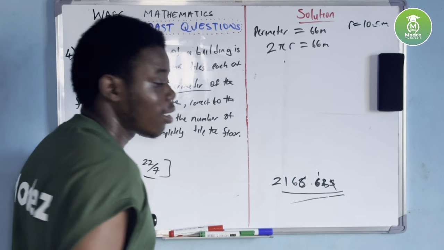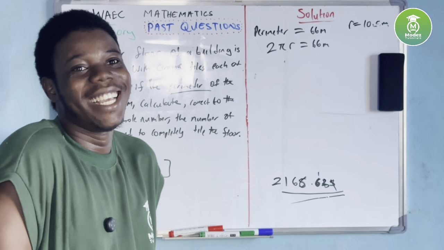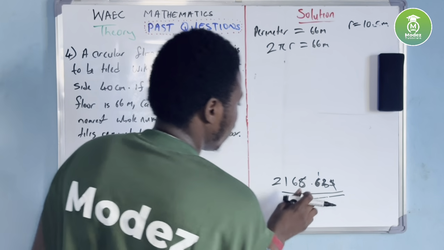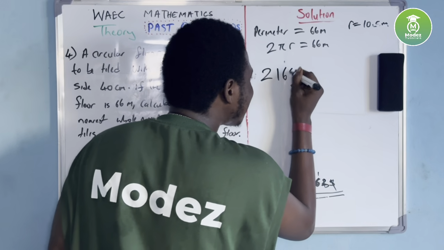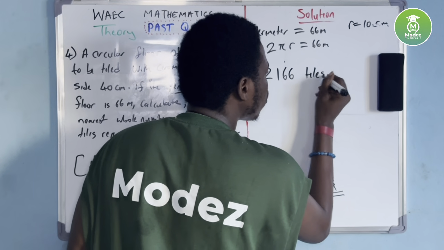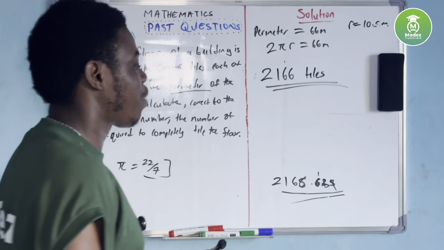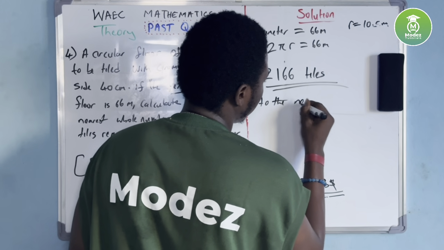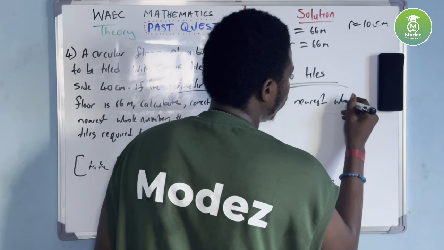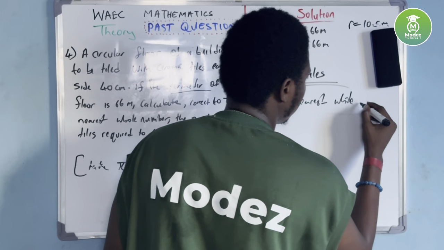Now add it to this one. Either you round up, is it not? So when you round it up, we are going to get what? 2166 cows. That is your final answer to the nearest whole number.